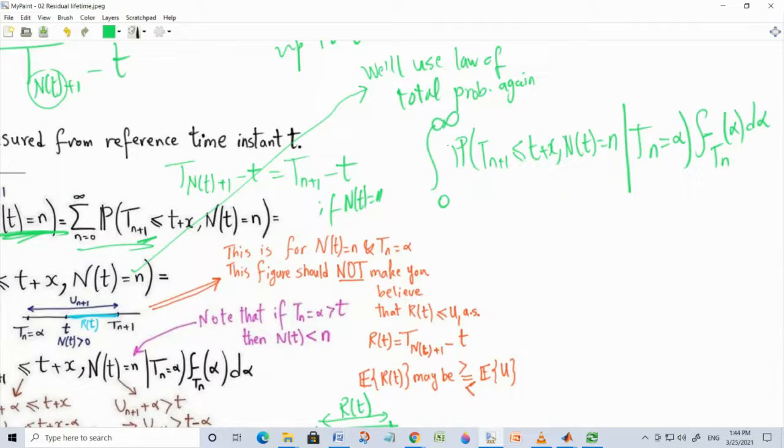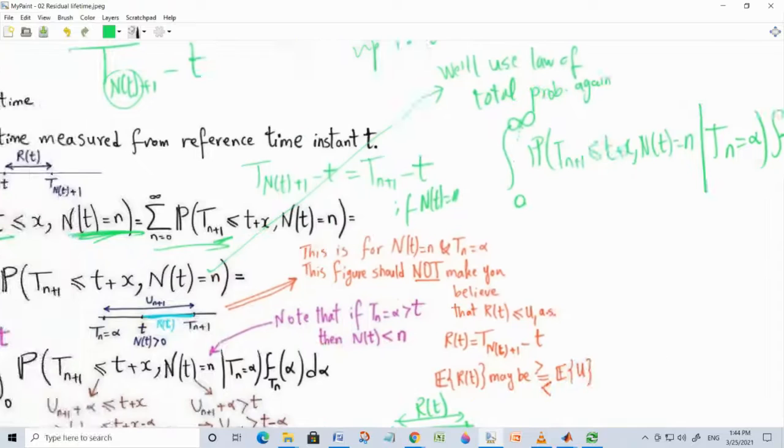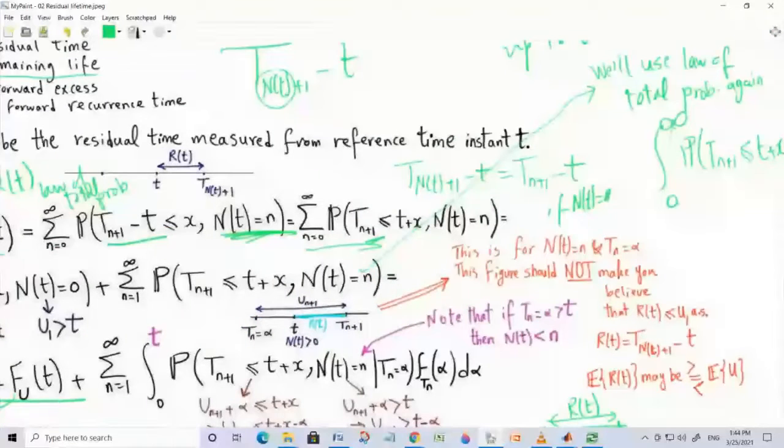So this integral is written here from 0 to infinity. But if you see my derivation here, it is from 0 to small t.